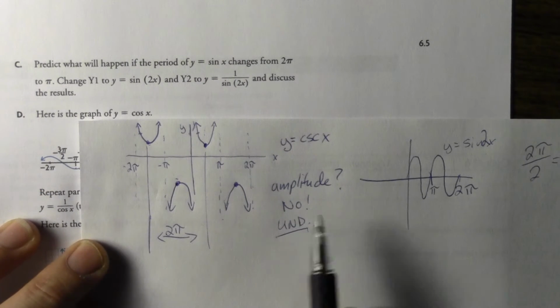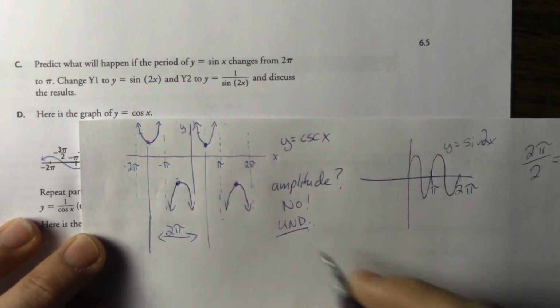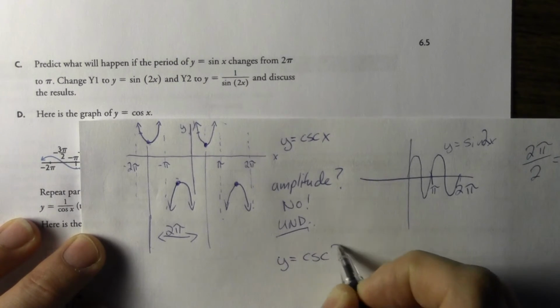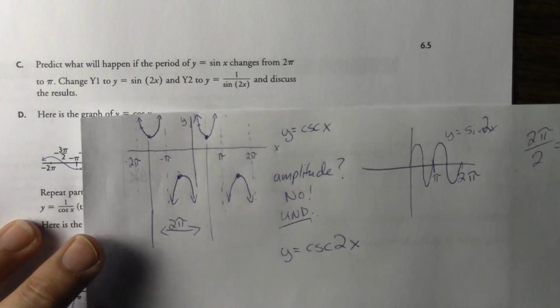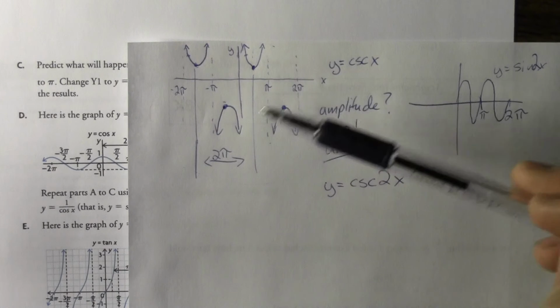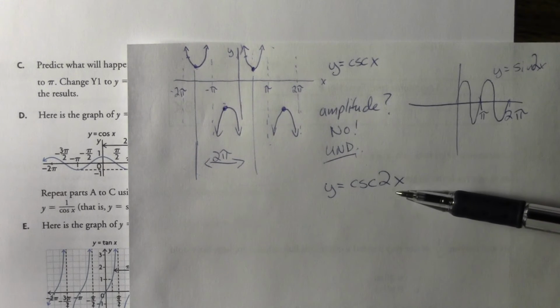So now the question says, what will happen to this graph if my graph looks like this? y equals cosecant 2x. Who thinks they know? Who wants to tell me the answer? What's it going to look like? Remember, our period was the same for the original functions. Now I've compressed it by a half, right?